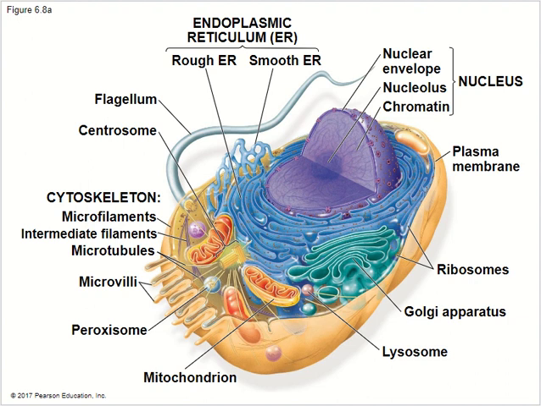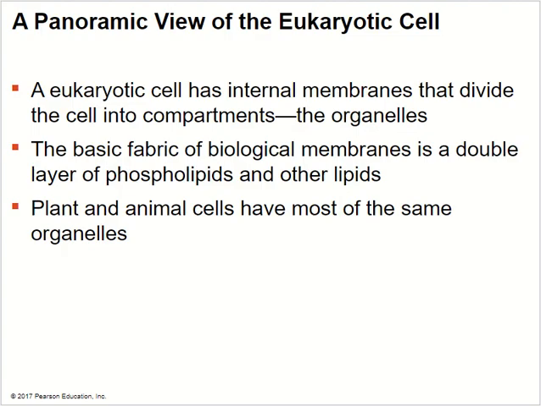Cytoskeleton, which has structure through microfilaments, intermediate filaments, and microtubules. Microvilli, which are on the outside of a cell. Peroxisomes, which can help digest stuff because they contain peroxides in them. Many, many things a eukaryotic cell has.